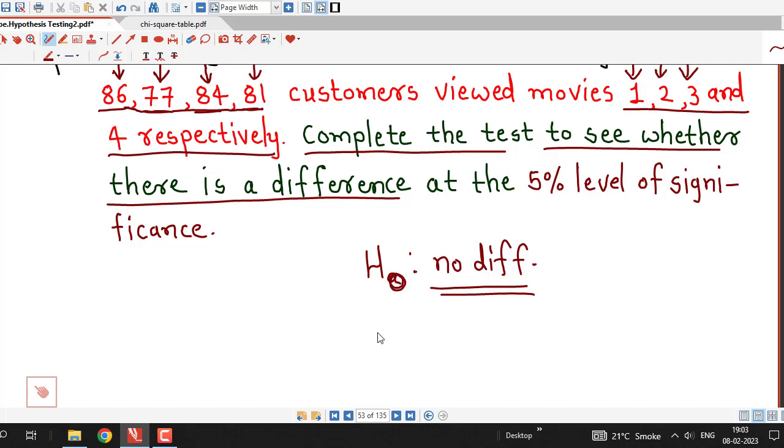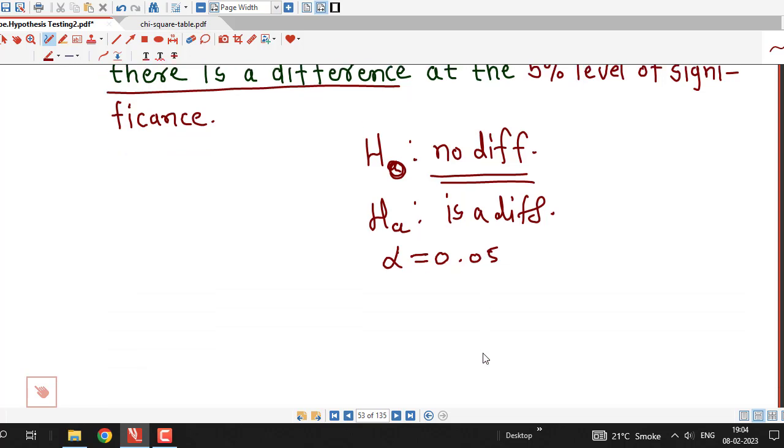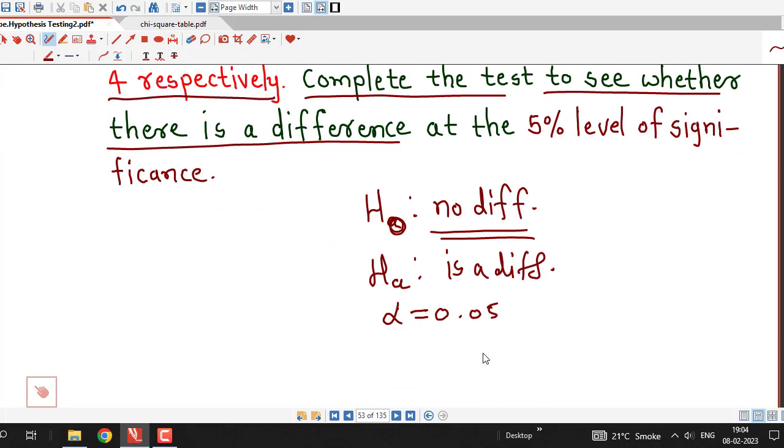The alternative hypothesis is that there is a difference in the popularity of the 4 movies, and the level of significance is given as 5%, that is alpha is 0.05. Here we assume that the null hypothesis is correct.